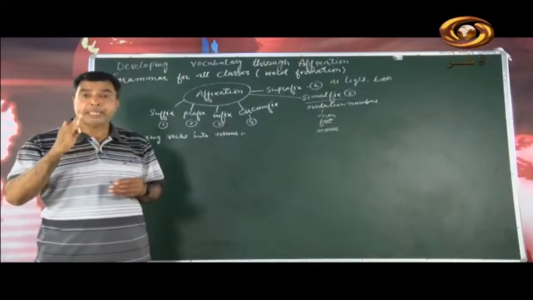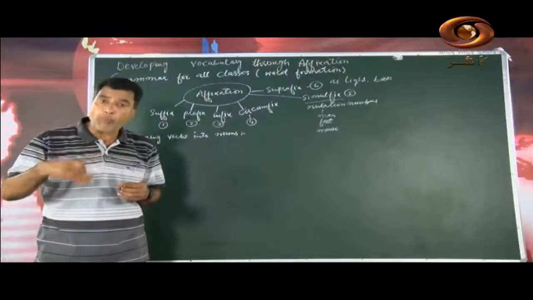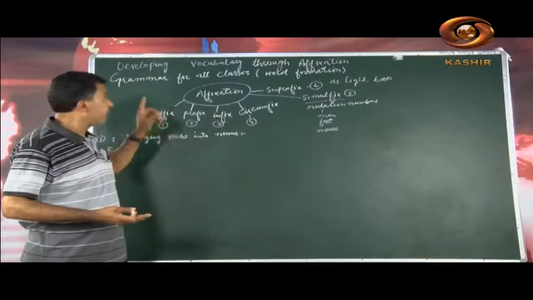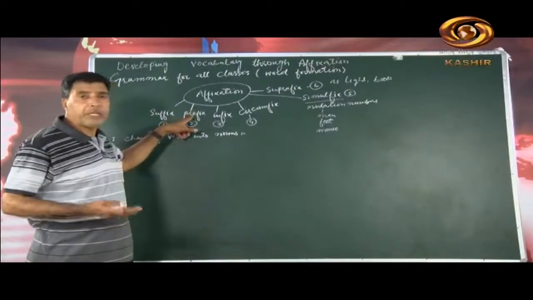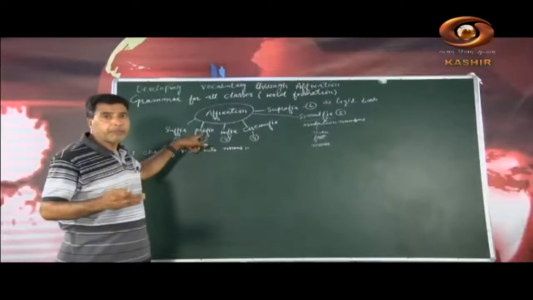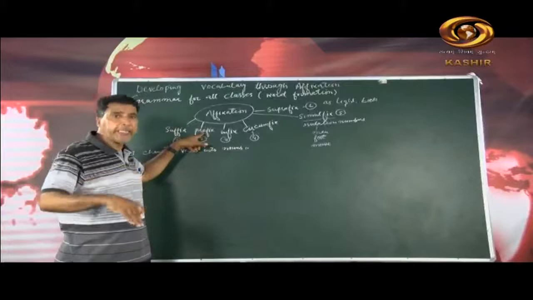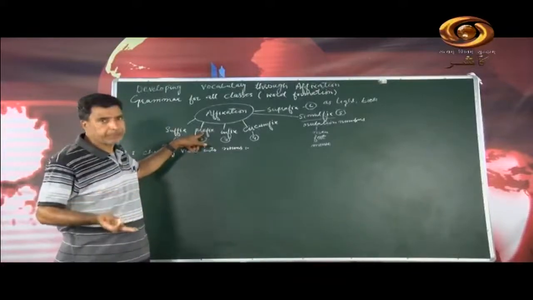Something, a syllable or a morpheme that we add at the end of a root word, that is called suffix. Then prefix, when we add a morpheme or a syllable to a root word in the beginning of a word, that is called prefix.